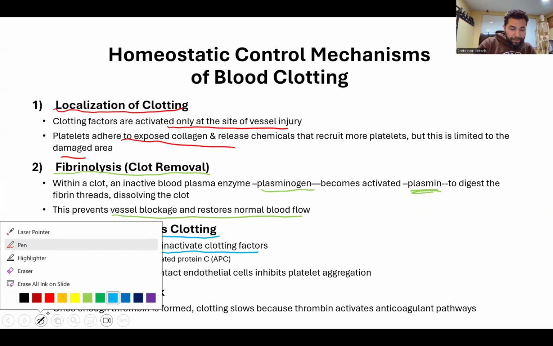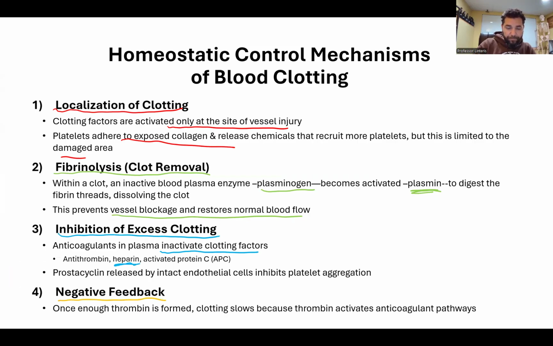And there's a negative feedback regulation. Once enough thrombin is formed, your clot slows down because the production of that thrombin activates anticoagulant chemicals, pathways.